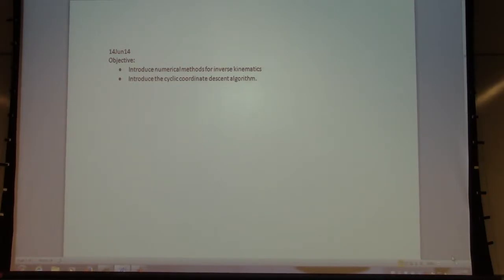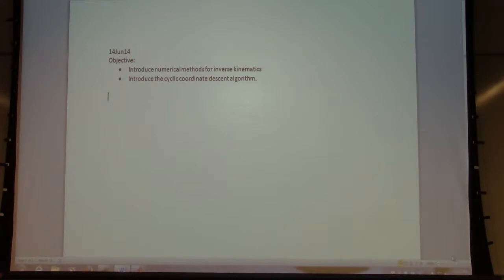Does that make sense? So essentially, once you figure out what the set of joint parameters are supposed to be, then the second part of the assignment will be to move from where you started to where you are wanting to go in the fewest number of steps possible. That makes sense?